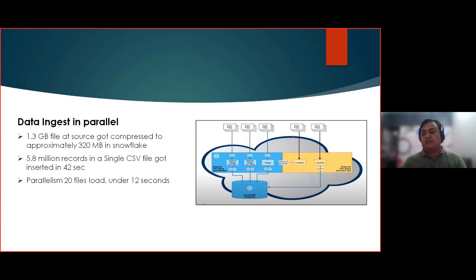If we trigger more than 8 queries, they will be in queue. So instead, if we use 2 separate extra small warehouses, and trigger 4 queries in warehouse 1 and 4 queries in warehouse 2, it will be completed in a much faster way. And that's how we can use parallelism and concurrency in Snowflake.